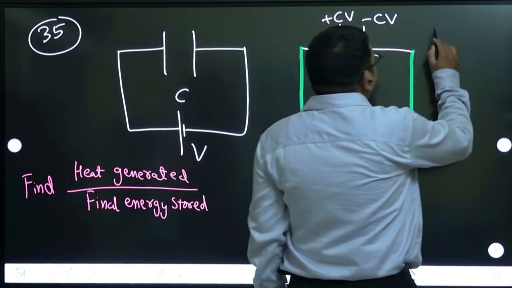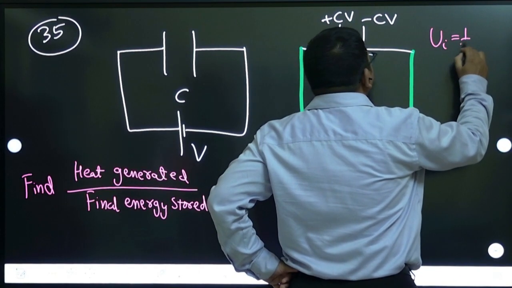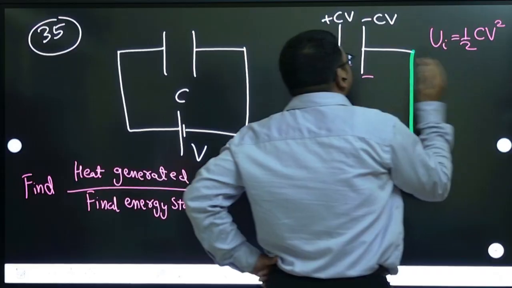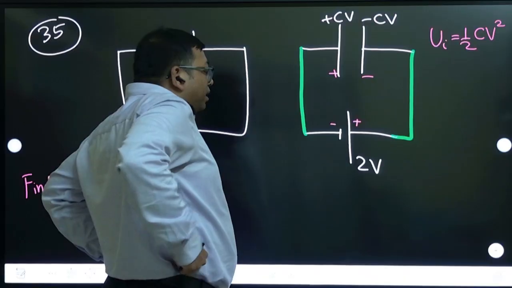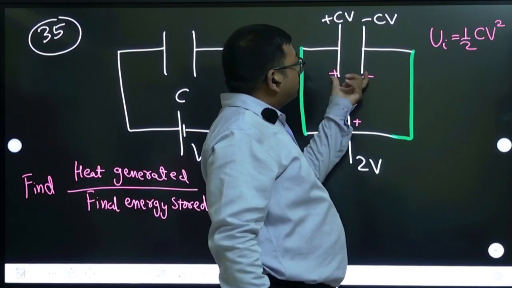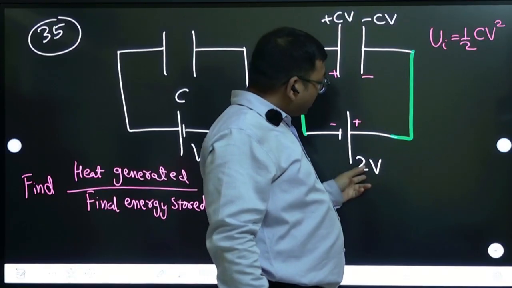What was the energy of the capacitor initially? Initial energy was half CV square because it was charged with a battery. Finally, once this battery is connected, the final charge is C into battery voltage 2V.